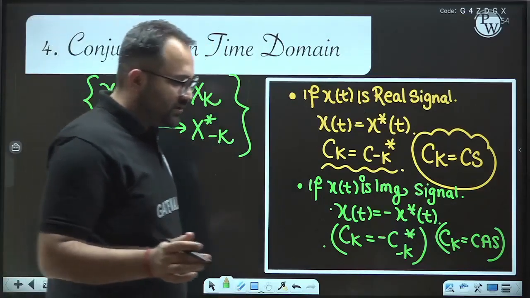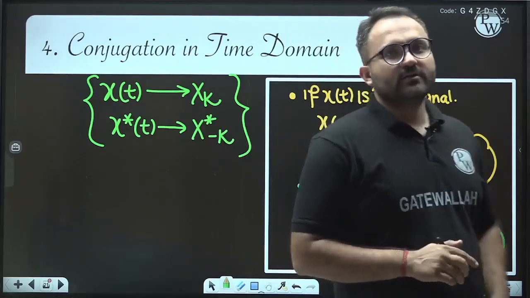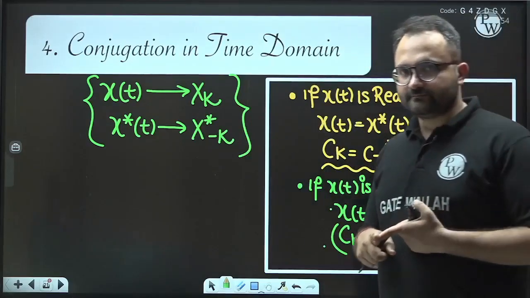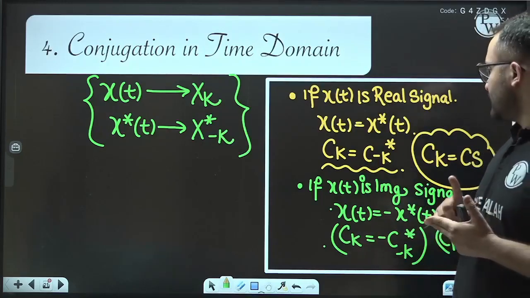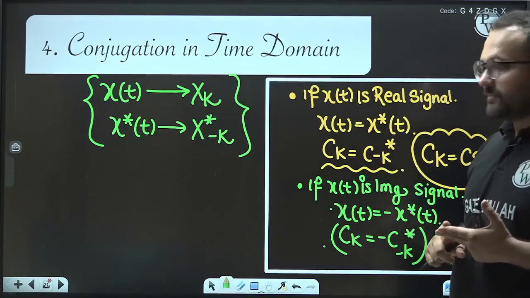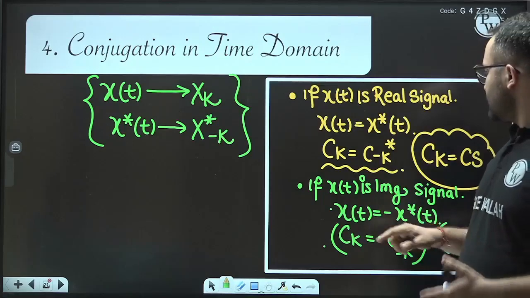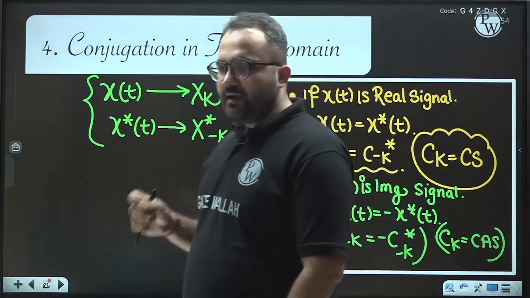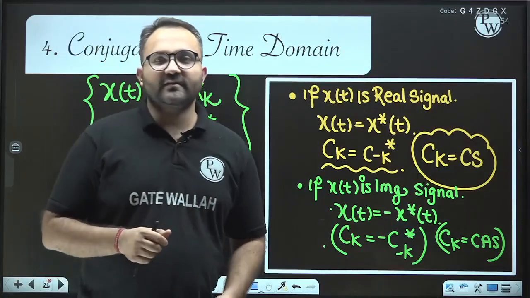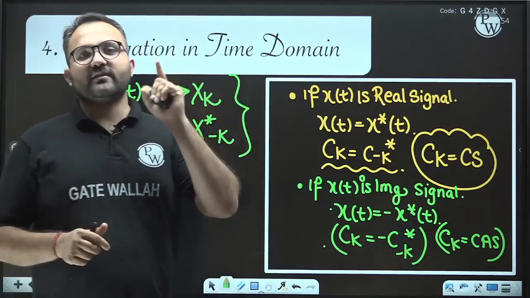So we have seen three to four properties now. If the signal is real, then the Fourier series is conjugate symmetric. If the signal is imaginary, then the Fourier series is conjugate antisymmetric. If the signal is even, the Fourier series is even.